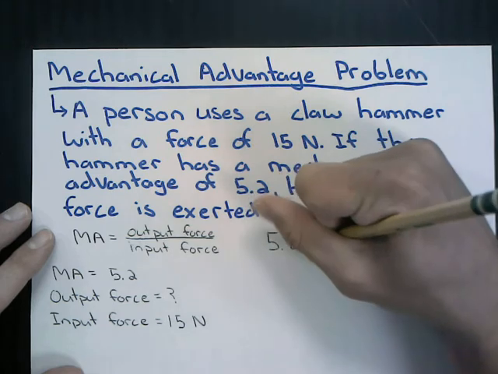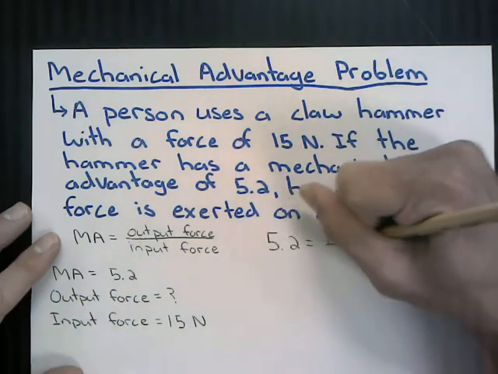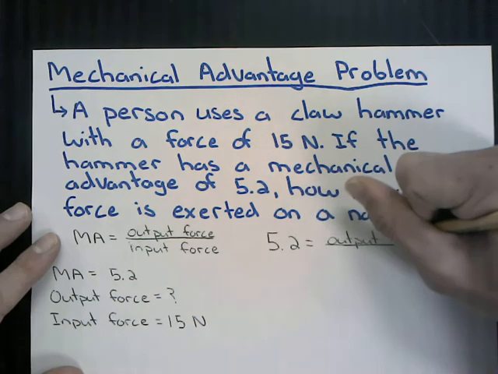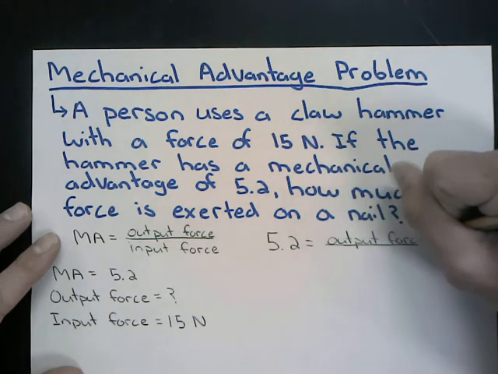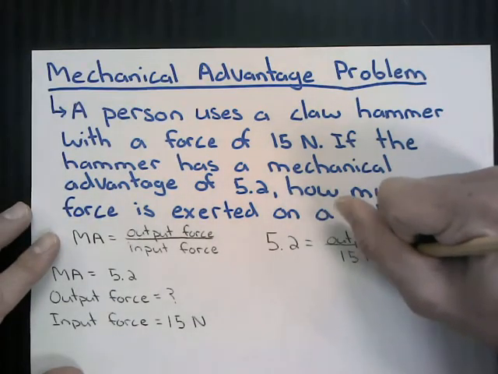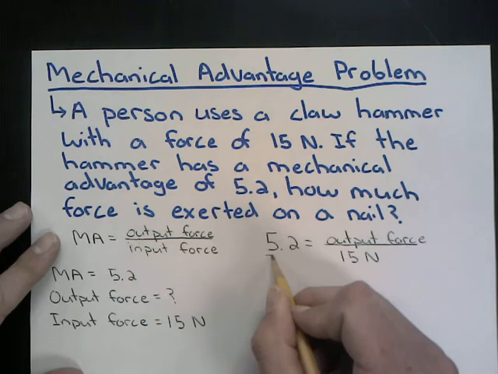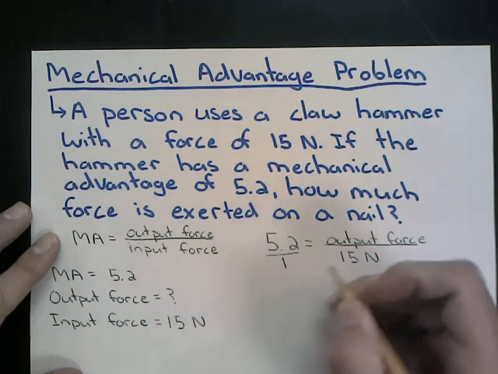So we'll have 5.2 equal to our output force, which we don't know yet, all divided by 15 newtons. Now, remember, we need to assume that these are equivalent fractions, so this would actually be 5.2 over 1.